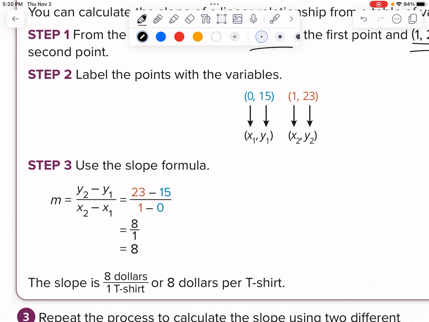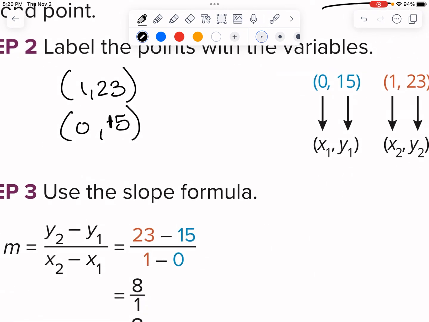Now, when you subtract this, I always think it's beneficial to line them up vertically. So I'm going to write the second one, and then the first one, so that we know we're going to be subtracting. In this formula, we have y2 minus y1. This is 23 minus 15. When I line it up vertically, 23 minus 15, that's going to give us an 8.